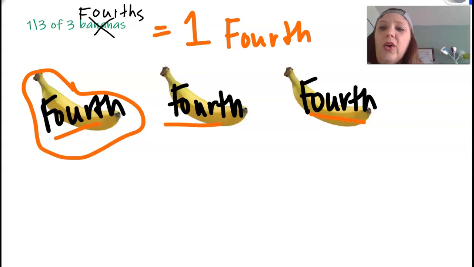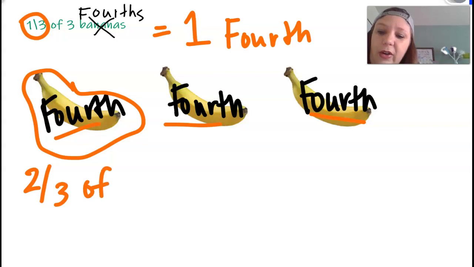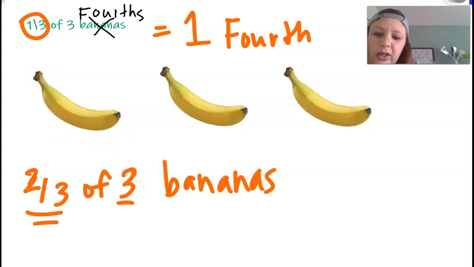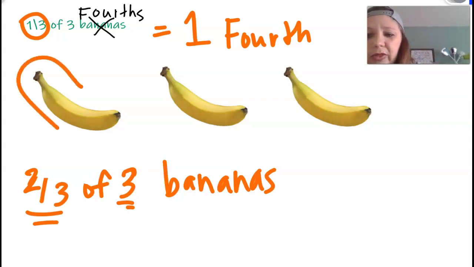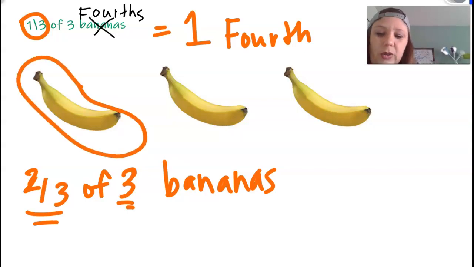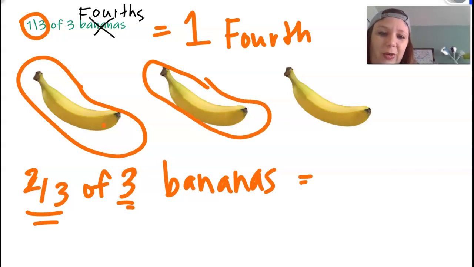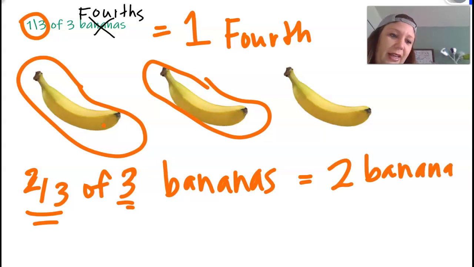So this week, we're going to be taking it outside of the unit fraction of 1/3. And now I'm going to ask you a question such as, what about 2/3 of 3? Well, let's go back to banana. 2/3 of 3 bananas. 1/3 of 3 bananas was 1 banana. So 2/3 of 3 bananas would be 2 bananas. Okay, now again, let's go ahead and switch these to fourths.